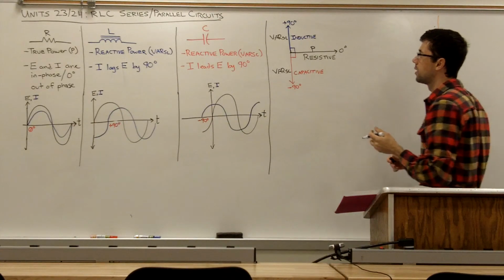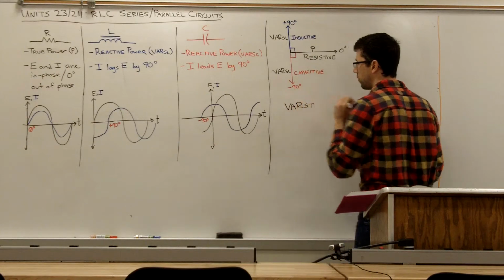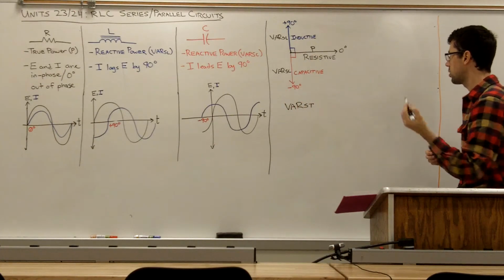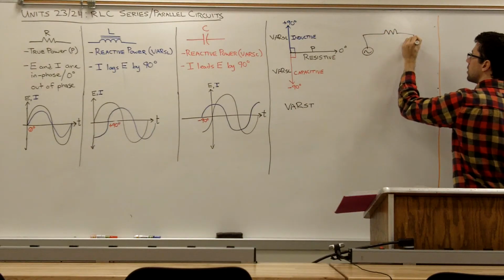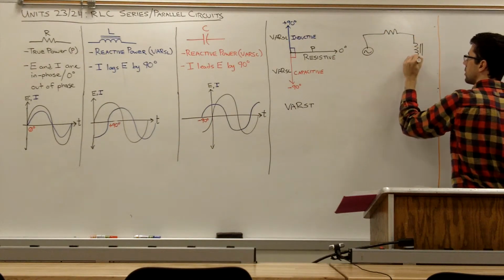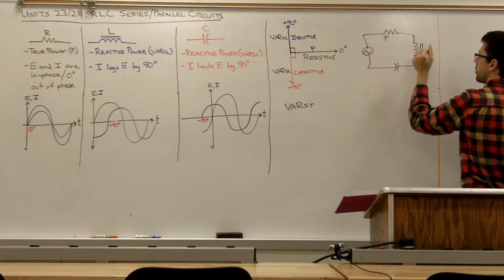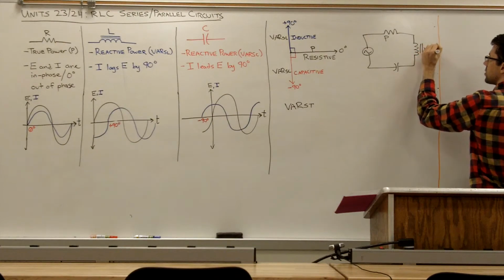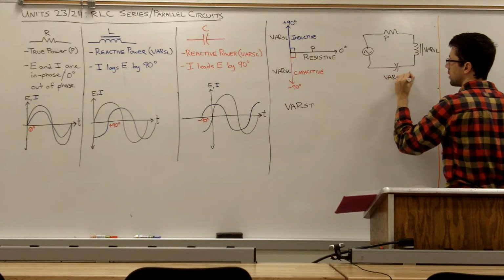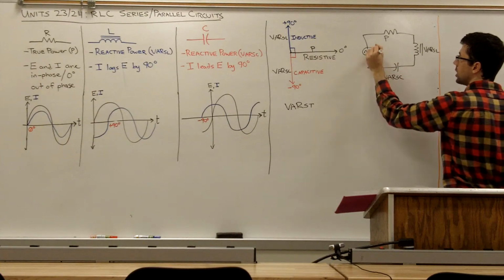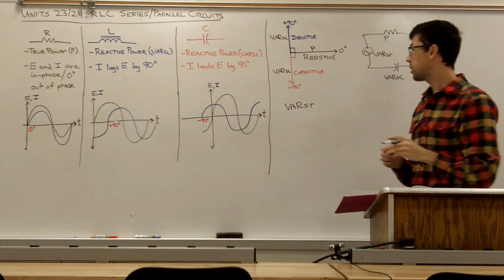Now let's say we want to find the total bars of the circuit. Let's say a circuit like this: a resistor, an inductor, and a capacitor. The resistor has some true power P, the inductor has some reactive power bars L, and the capacitor has reactive power bar C, and we want to know the total reactive power of the circuit.